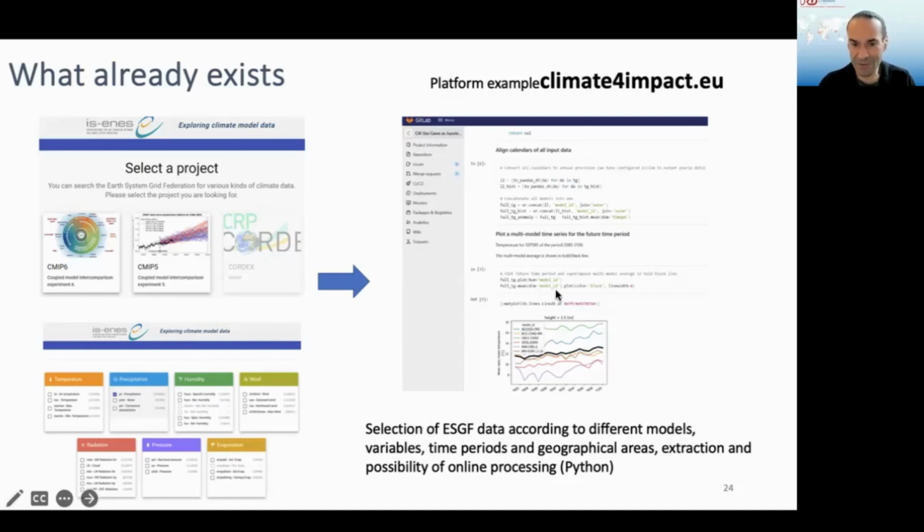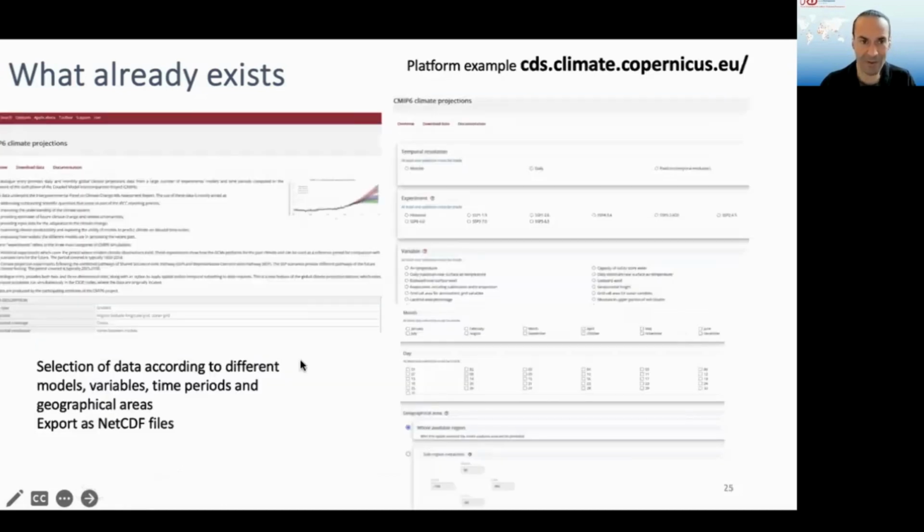You can also have an interface to make some Python computing. If you are used to using computing languages like Python, you can use this interface, which is very complex but very powerful.